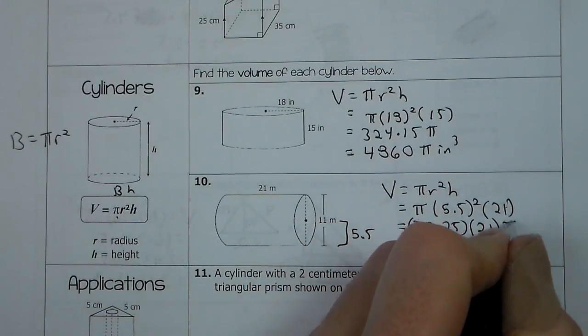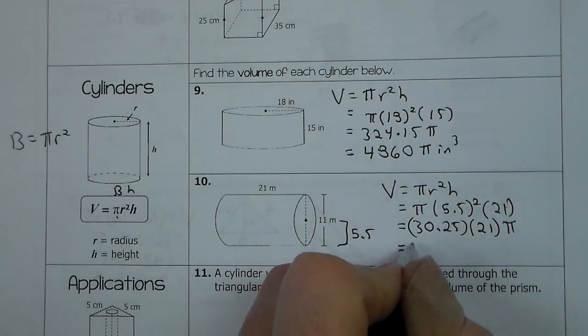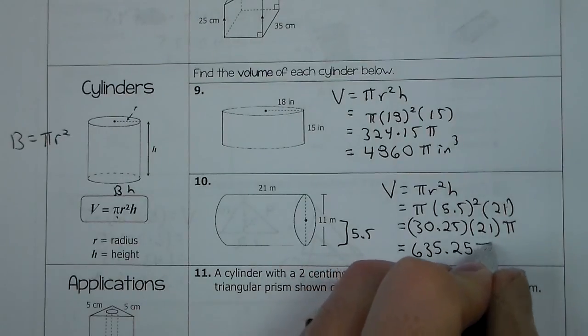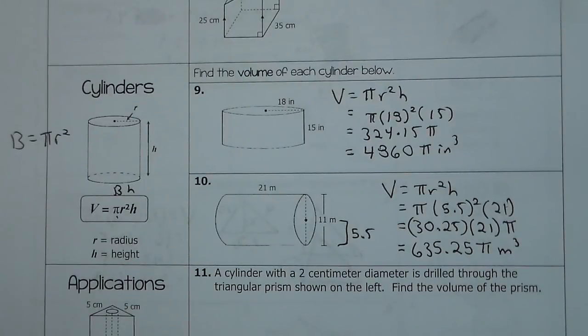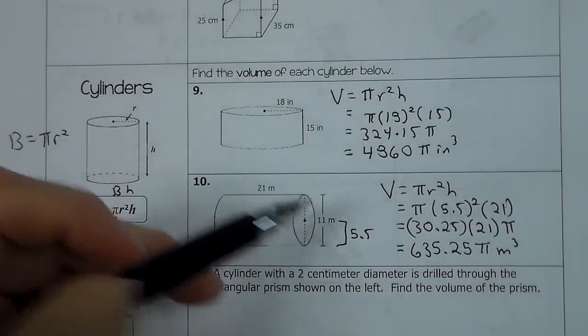That's going to be multiplied by 21, which becomes 635.25 pi. That'll be meters cubed. So anytime we have a cylinder, look for the radius, look for the height, plug them in to solve. That diameter part is the part we really got to be careful with.